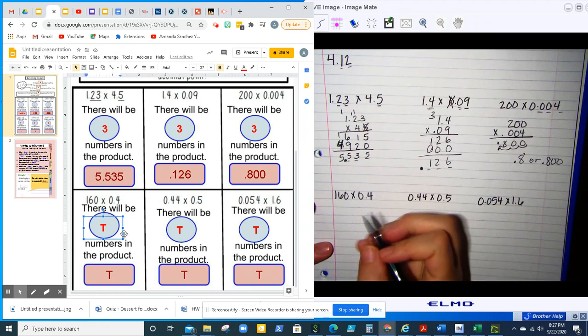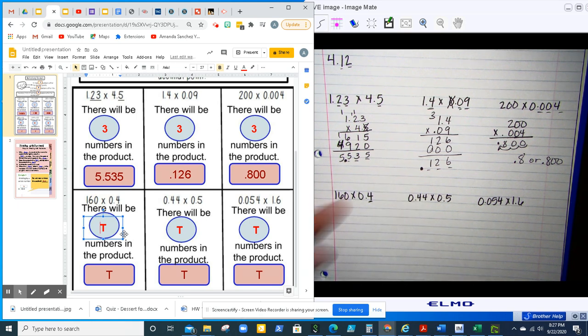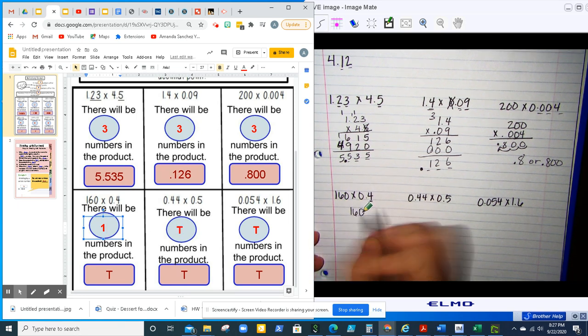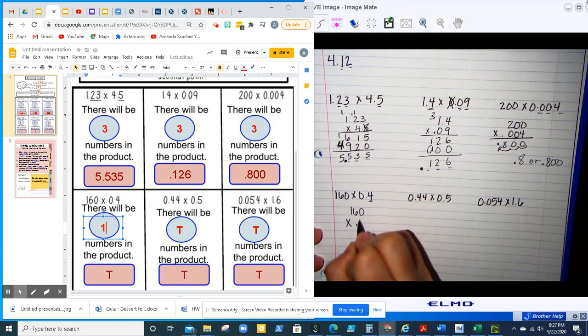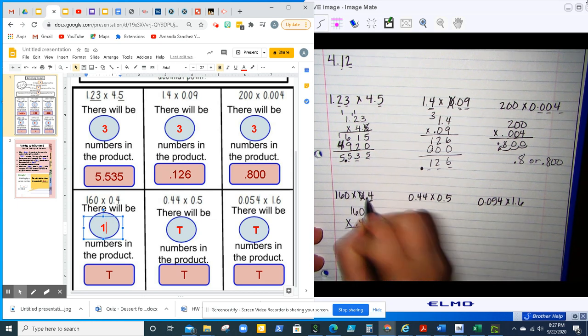Okay, so example number 4, there's only one value behind the decimal. There's no decimal in 160, so you're only going to have one number behind the decimal in the product. Then let's go ahead and do our multiplication. 160 times 0.4, because I don't need that 0, but I do need the 0.4, so 4/10.